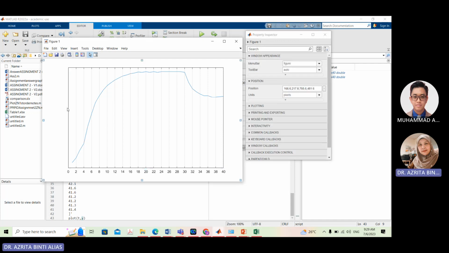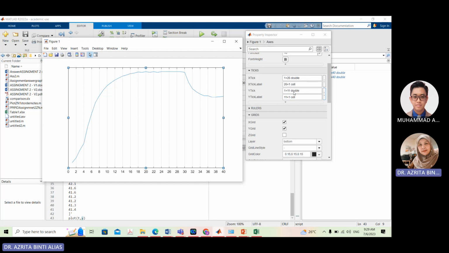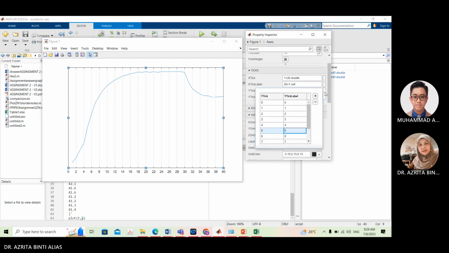Apa tak ada? Apa label saya dah hilang? Oh, label kita tadi start from 20.